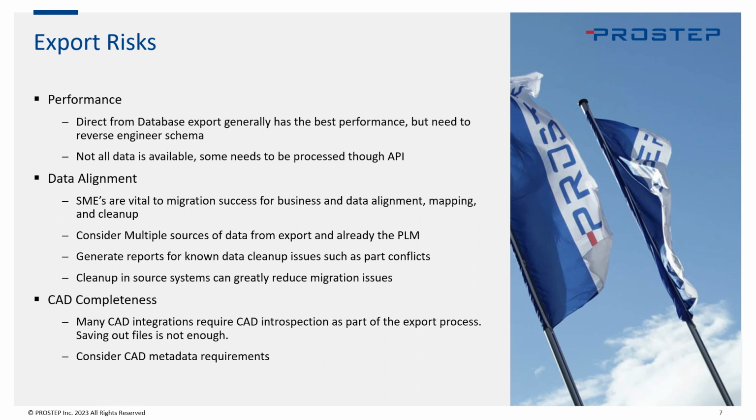Now, those source system APIs or direct to database is the best performing way to get that data. But in the case of CAD, sometimes you need to actually use the CAD application interface in order to get the data out. That might be for a couple different reasons. It could be that on the export, there's some introspection done within the CAD that enables the system to dynamically go and get more data from the source and then pull all those documents and binary files that might be dependencies together. There could be a rename that happens as part of the export process.